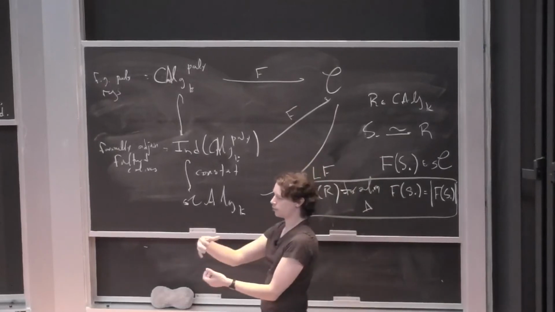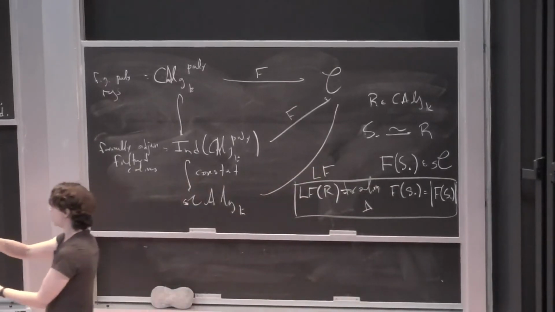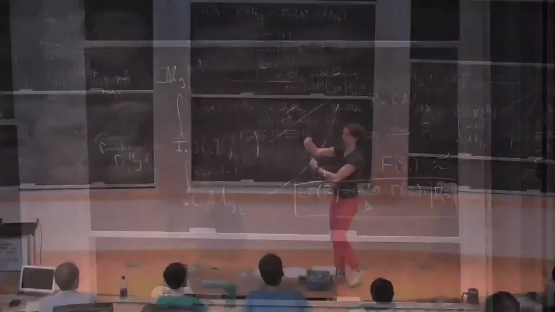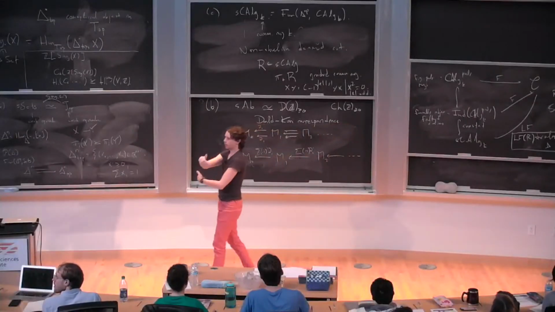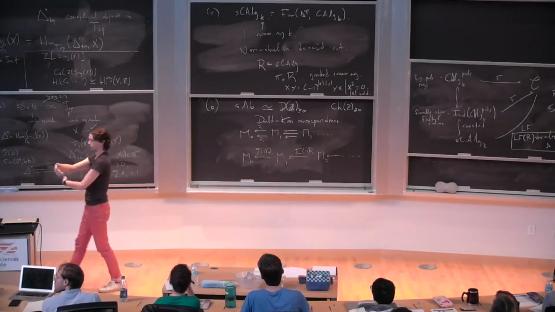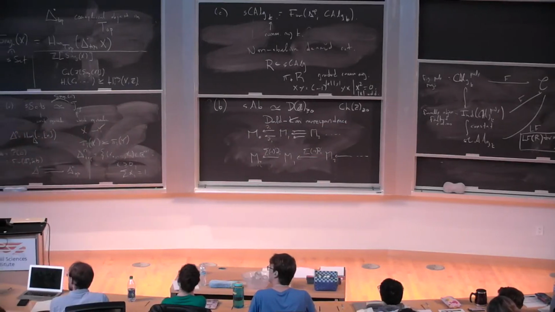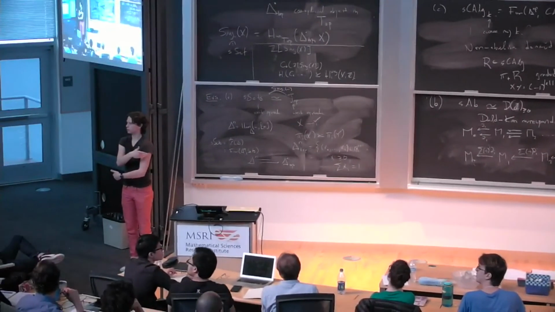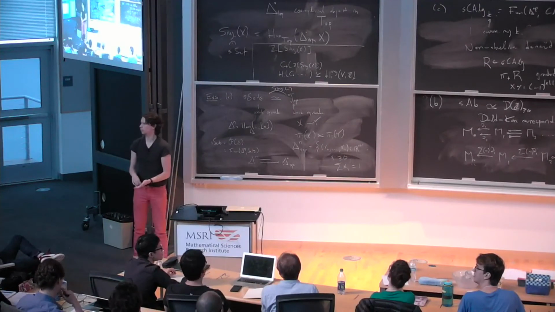Right. So if you have a general simplicial commutative algebra, then you can do this canonical resolution degree-wise and replace it with an equivalent simplicial commutative algebra, which is polynomial in each degree. And then you could do this resolution if you want.